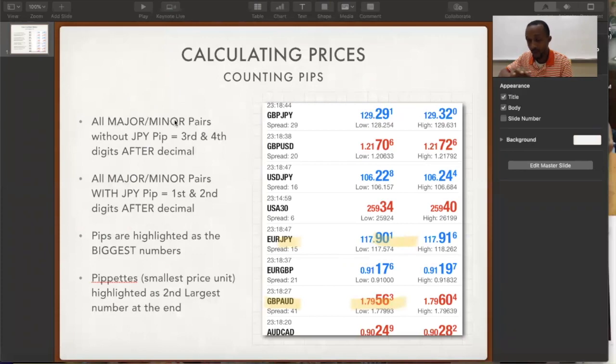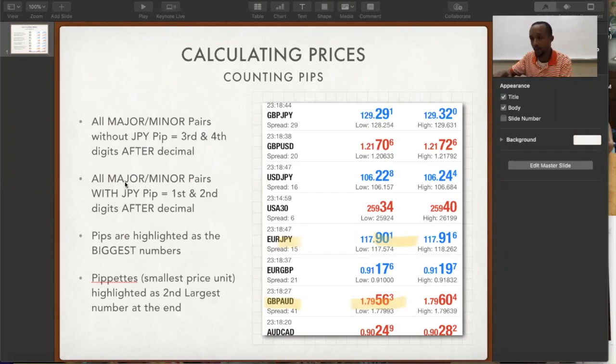Anything that does not have JPY in it, you're going to find your pip in the third and fourth digit after the decimal. Example here, GBP USD, 1.2170. The pip is 70. So if 70 goes to 71, that's an increase of 1 pip.